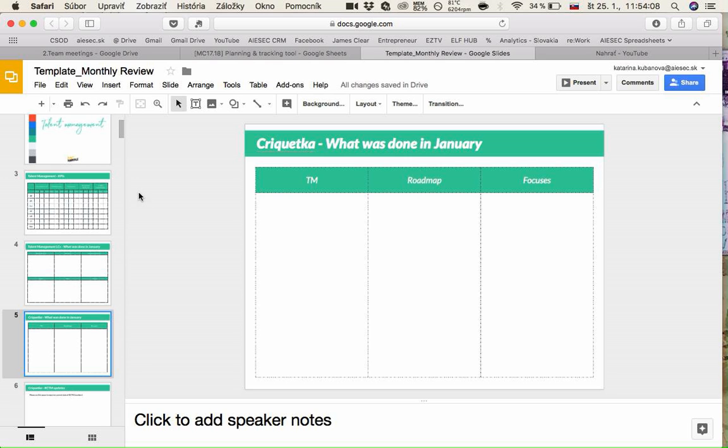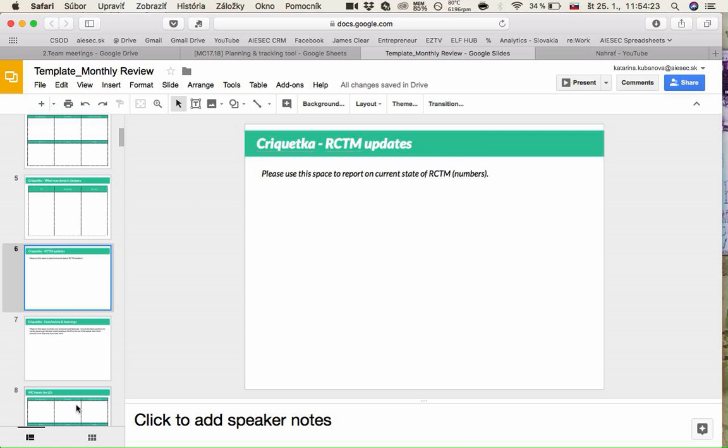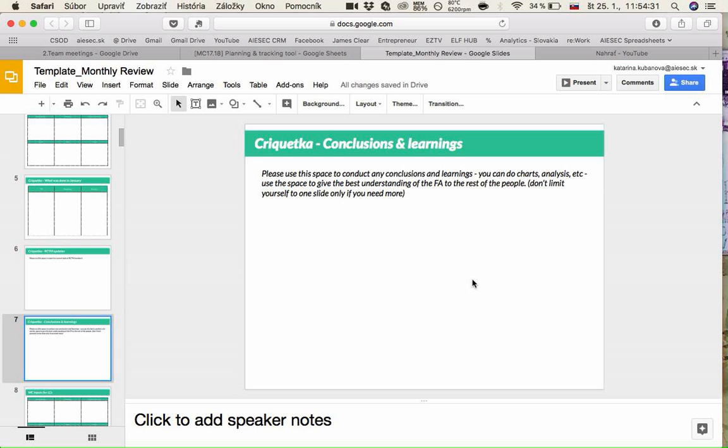So it's no longer that if you fill in this template, everything is clear; it is required to really analyze stuff and put together something. That goes mostly for the upcoming slides, which is the recruitment update in this case, but it doesn't need to be a recruitment update when we don't have recruitment, and then conclusions and learnings.